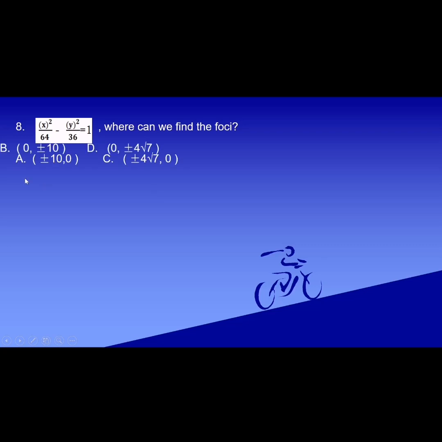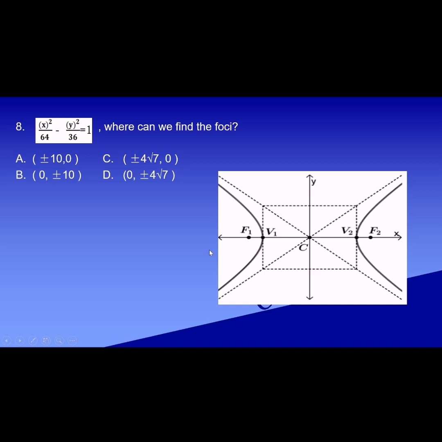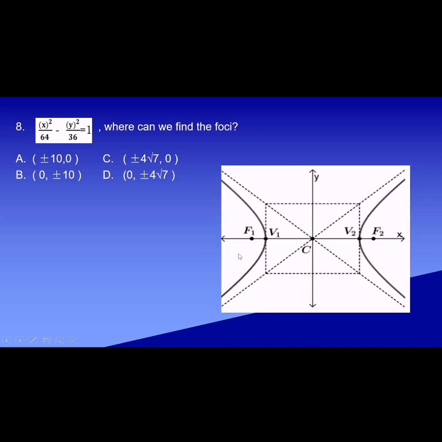These are our choices, A, B, C, and D. To visualize in our graph of the hyperbola, this is our graph of the hyperbola, horizontally aligned, since our focus is c units away from the center, same with the other focus.